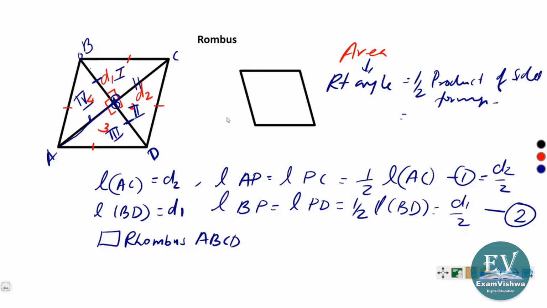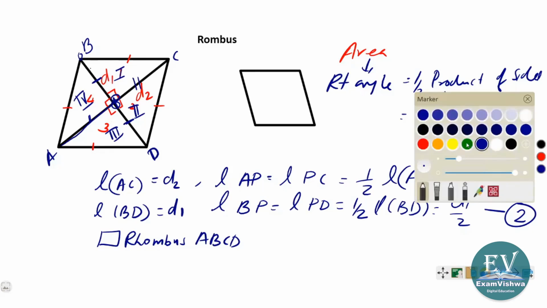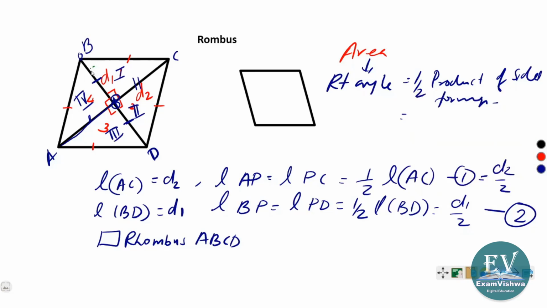This is d1 upon 2, this is d1 upon 2, this is d2 upon 2, this is d2 upon 2, because this is dividing equally. So in every triangle, one side is d1 upon 2 and the other side is d2 upon 2.